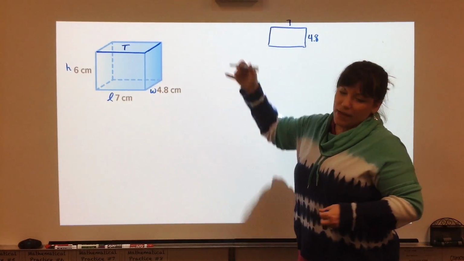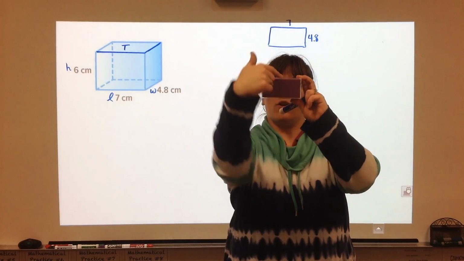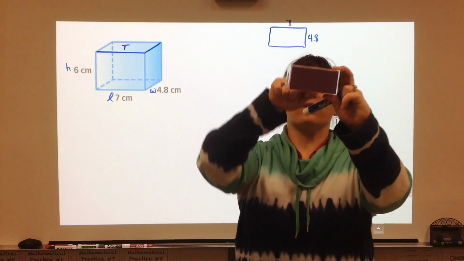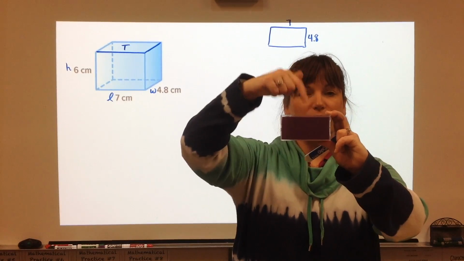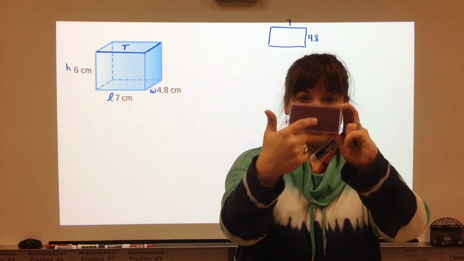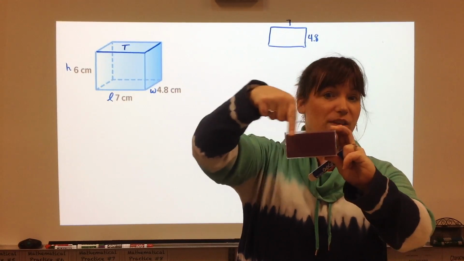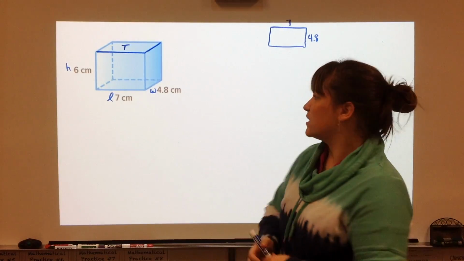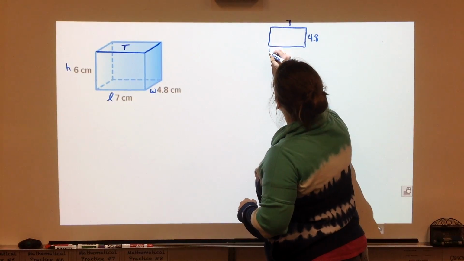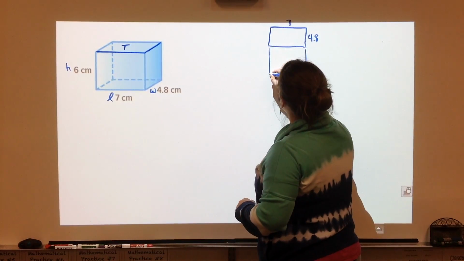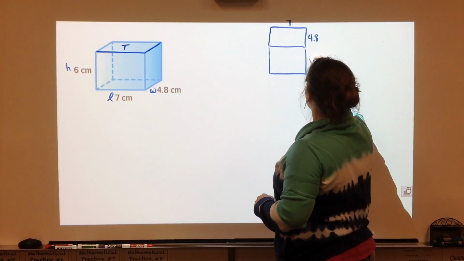If I were to then take from the top and go down, I could either go down to the front or I could go down to the back. I'm going to go from the top to the front next because that's going to have that same edge that's connected to it that's similar. I'm just going to drop this down. It's going to be a little bit bigger because it's 7 by 6 now.